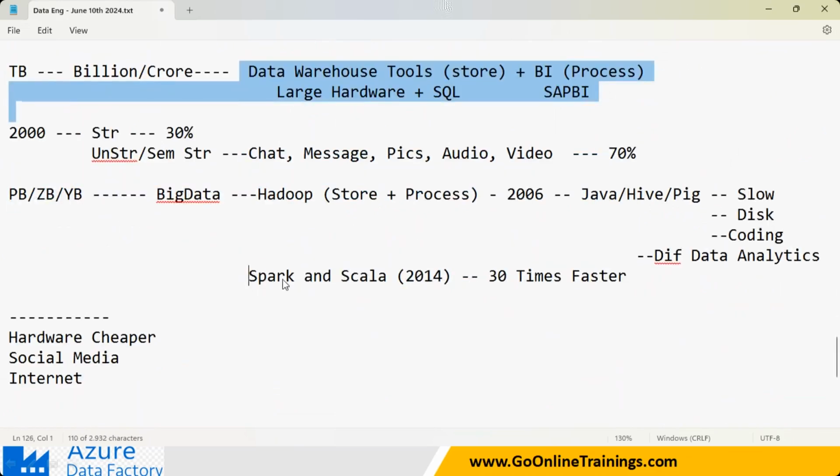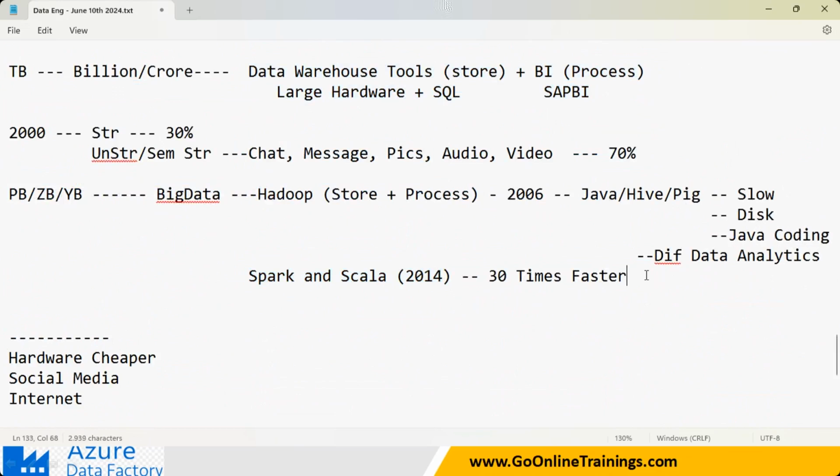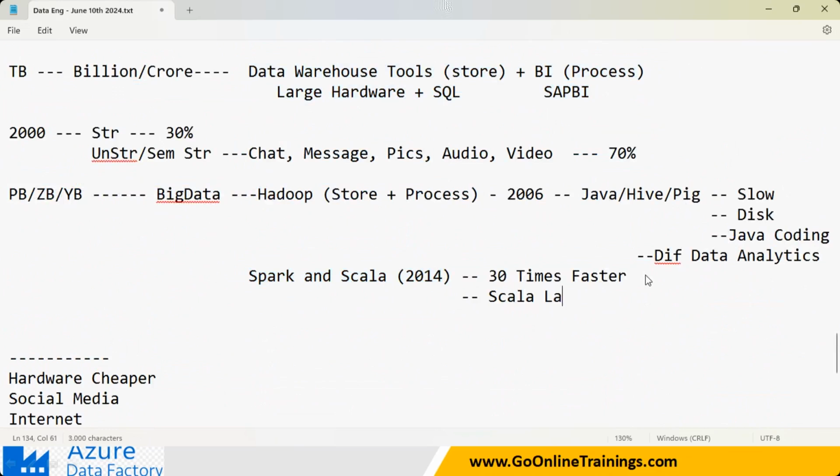So Spark and Scala is not Java. Earlier, what coding were we using? Java coding, right? Here they have removed Java, so it is faster without Java. So the Scala language got implemented, and it is very easy when you compare it with Java.